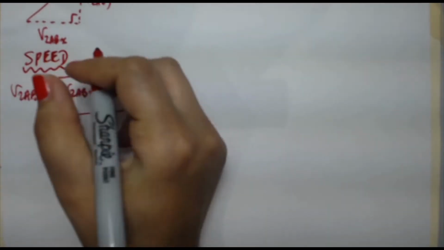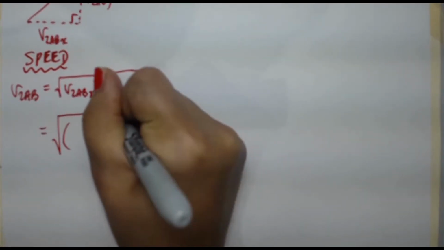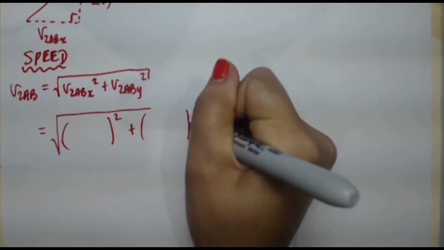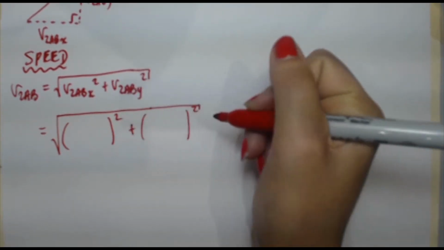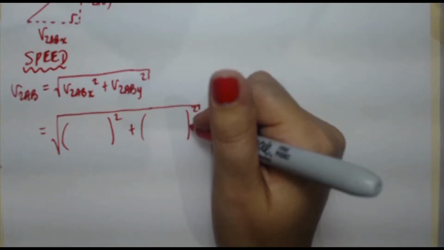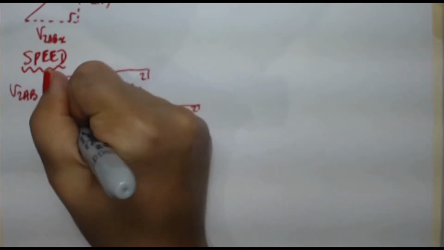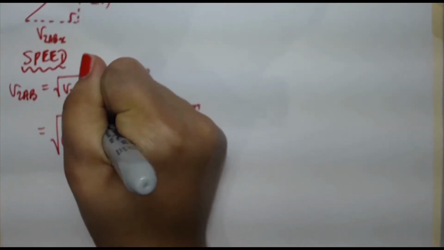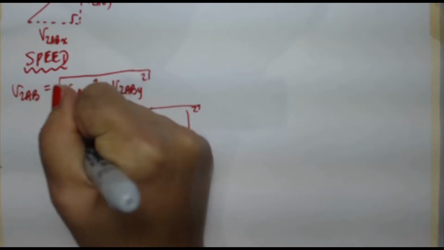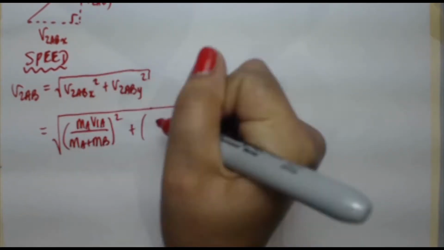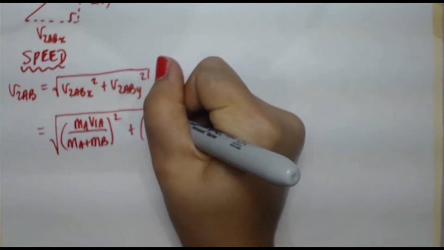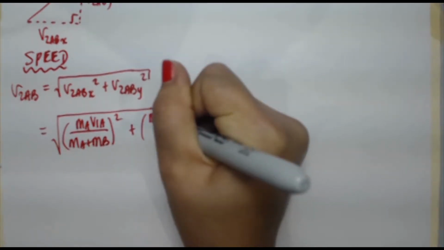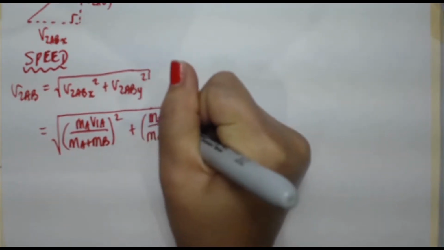Put a big square root because the expressions are large. Put brackets in the squares so you don't forget it. Sometimes that is where we make a mistake in physics, unfortunately, just in the math part. So V2ABX is MA V1A over MA plus MB, and V2ABY is MB V1B over MA plus MB.